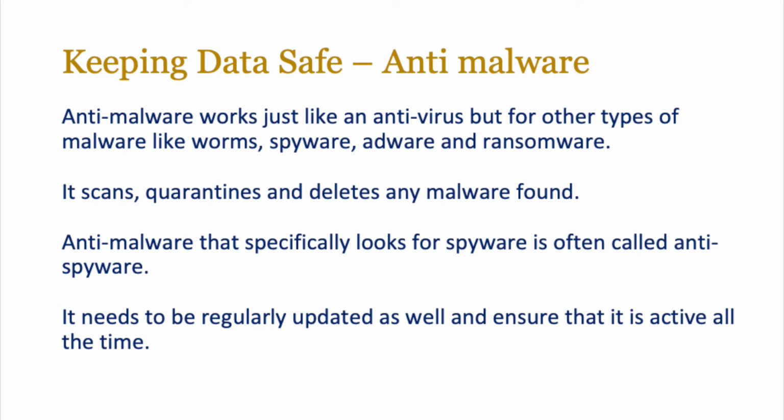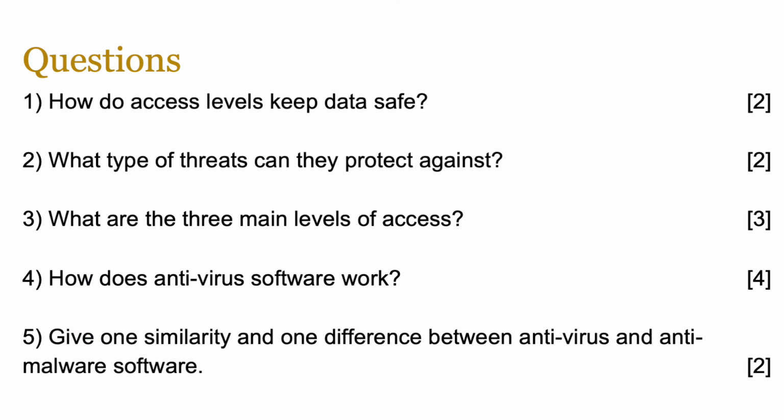If you're asked about anti-spyware, it also operates the same way, but focuses on spyware. It also needs to be regularly updated, and you also need to make sure that you're actively scanning your files to reduce the risk from these threats. So therefore, make sure that antivirus, anti-spyware, anti-malware are all active. So they're working all the time rather than just the odd scan when you want them to be. Of course, there's a processing hit because you've got this additional piece of software working, but it isn't that huge compared to the risk of leaving yourself exposed to malware.